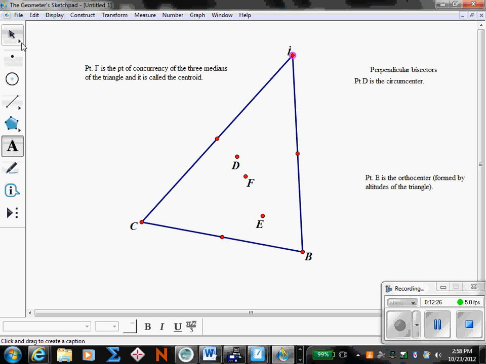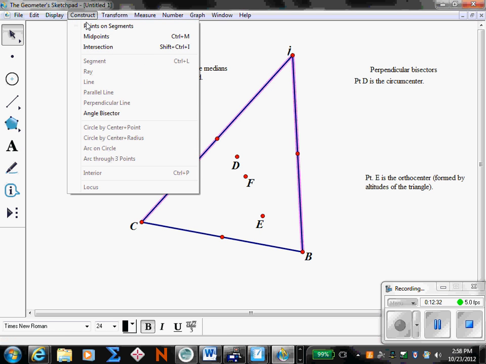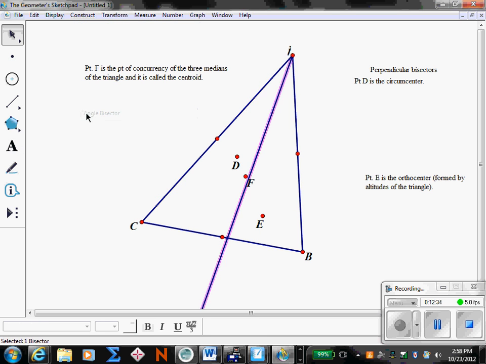Okay, so I am going to bisect my angles and put the in-center on this picture as well.